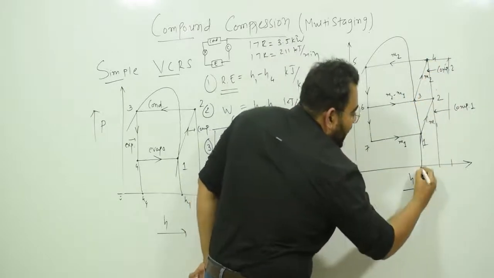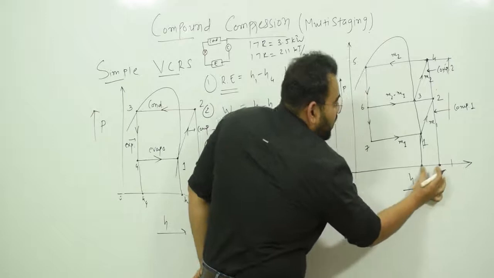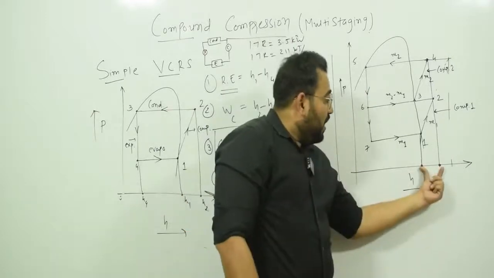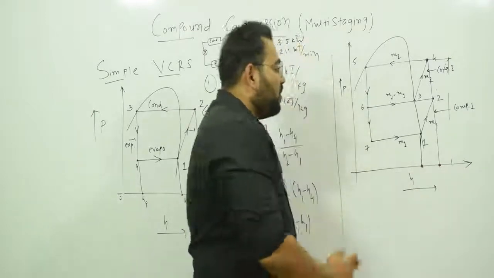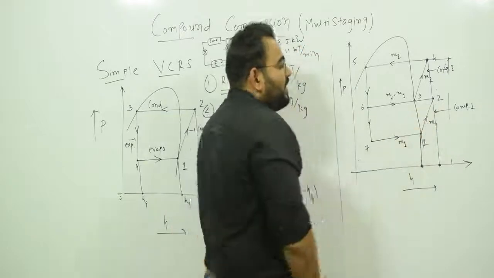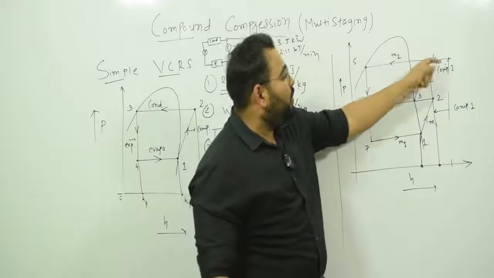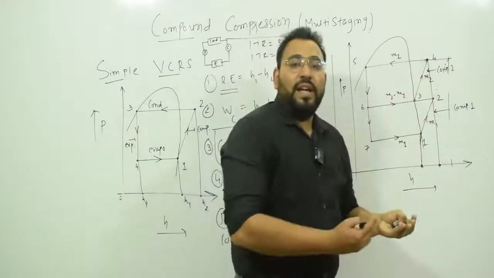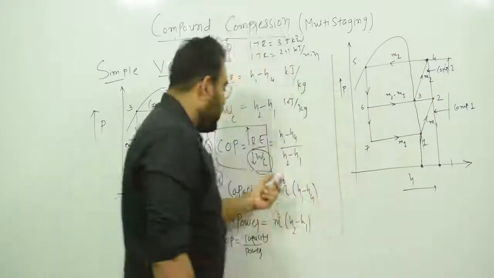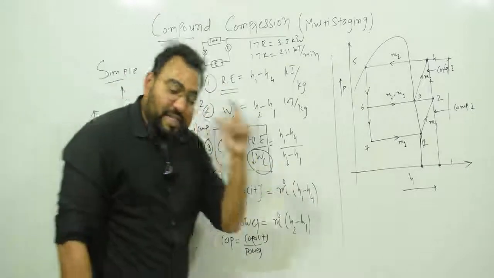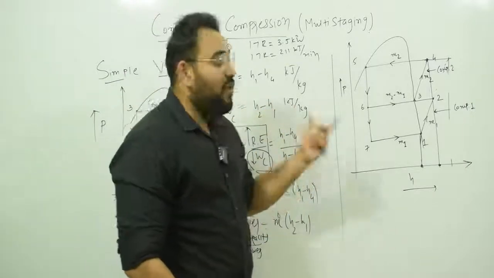So the compressor work will be this much only instead of this much. Why? Because you are taking this ending point nearer to the vapor line. If the end point is nearer to the vapor line, you will get less compressor work, so automatically you will get a good COP. This is the idea behind compound compression.